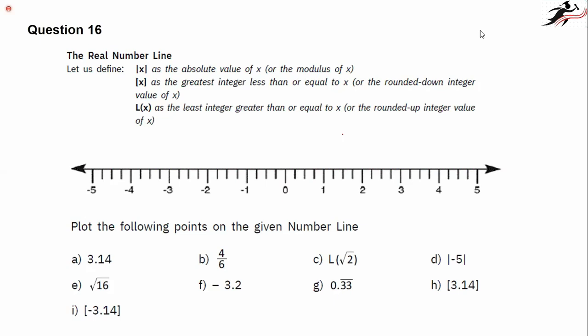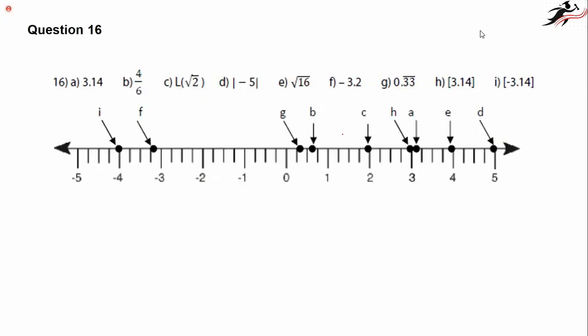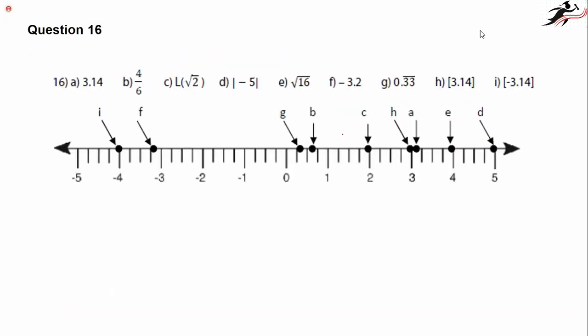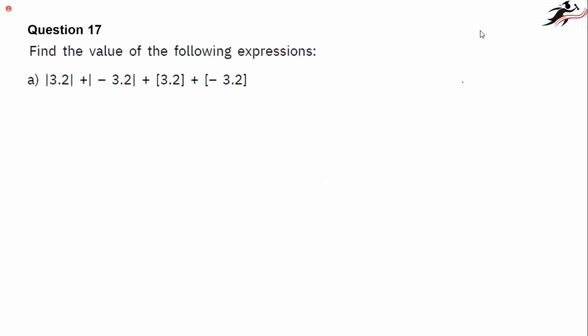That will be 3. And greatest integer of minus 3.14, that is minus 4. See, look at the last point, it is denoted at minus 4. Okay? Try this.